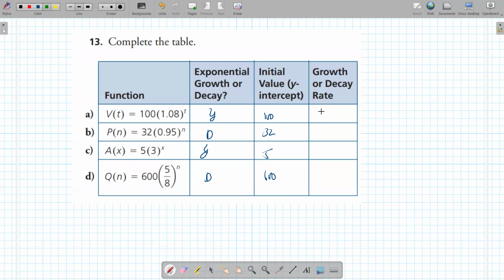So for A, the growth rate is 0.08, which is 8%. What about B? What's the decay rate? And I got 0.08 by doing 1.08 minus 1, because the growth or decay rates are always either added to 1 or subtracted from 1.